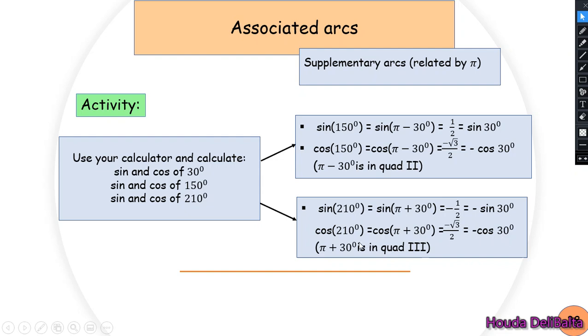And again, recall that 210 is represented by pi plus 30 and 150 is represented by pi minus 30. Why am I recognizing these? Let's see why in the next slide.